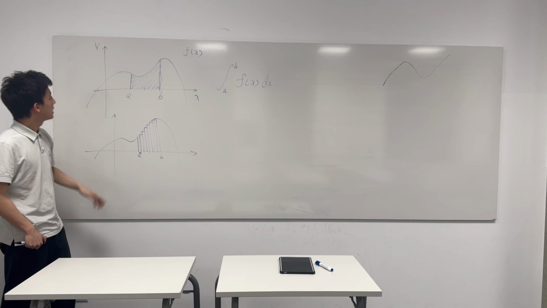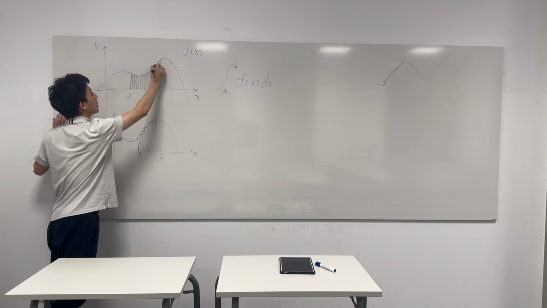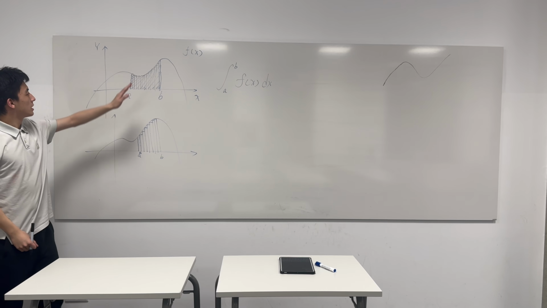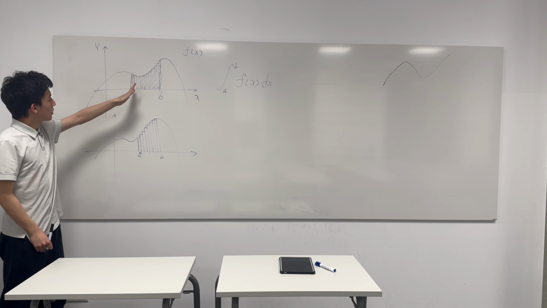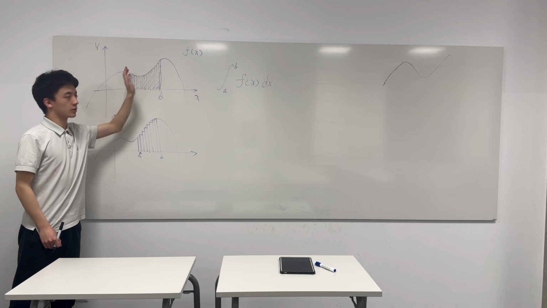And for each two straight lines, we can form a rectangle, like that. Then obviously, the sum of the areas of these rectangles is not equal to the area under the curve.